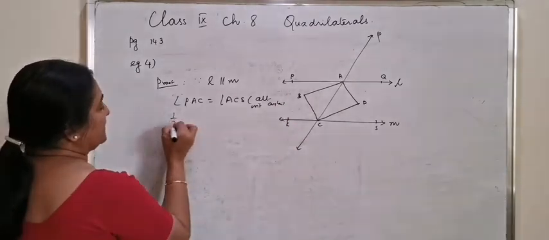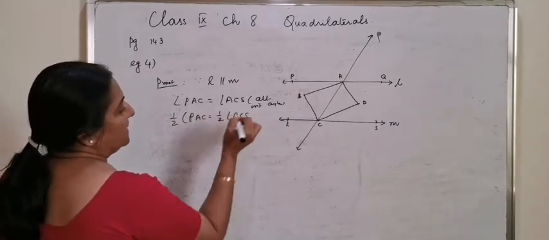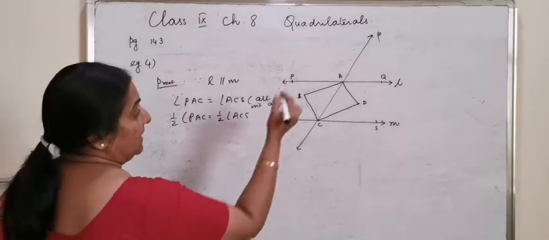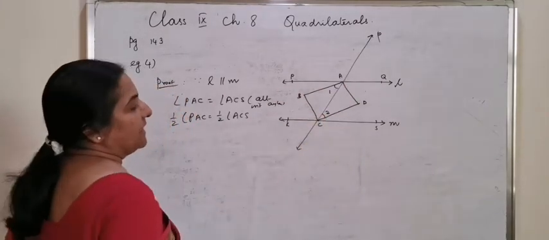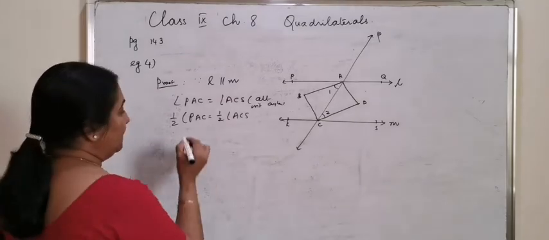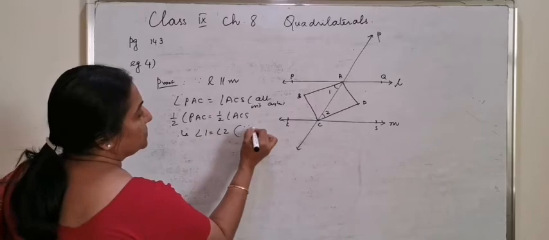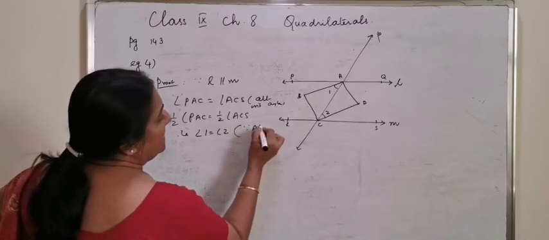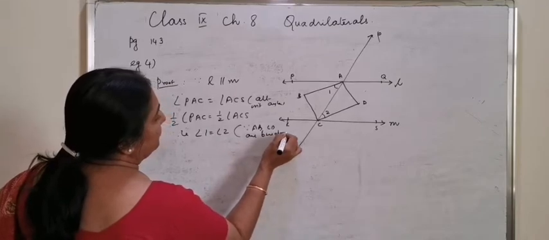So immediately you can take half angle PAC is equal to half angle ACS. Half angle PAC we can call angle 1, and half angle ACS we will call angle 2. That is, angle 1 is equal to angle 2 since AB and CD are bisectors.